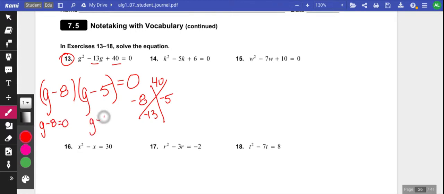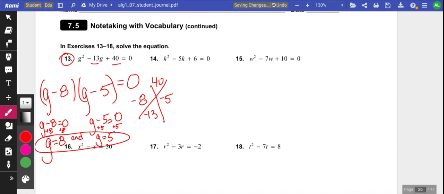And what's g minus 5 equal to 0 going to be? Usually that math is pretty easy. You're going to add 8, and I'm going to get g equal to positive 8. And add your 5, and I'm going to get g equal to positive 5. Those are going to be my two answers there for this polynomial.